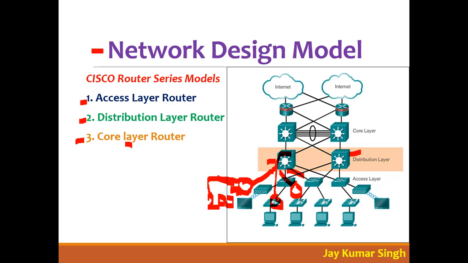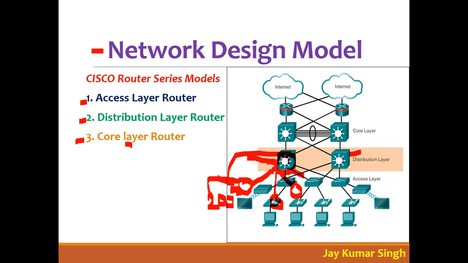Now this Fazara distribution device or router has 100 end users each, so 100 multiplied by 2, 200, right? All the requests are coming here. So this device is heavier than this access layer router, right? This access layer router is only for the end users, like after me there is no other connection going there.